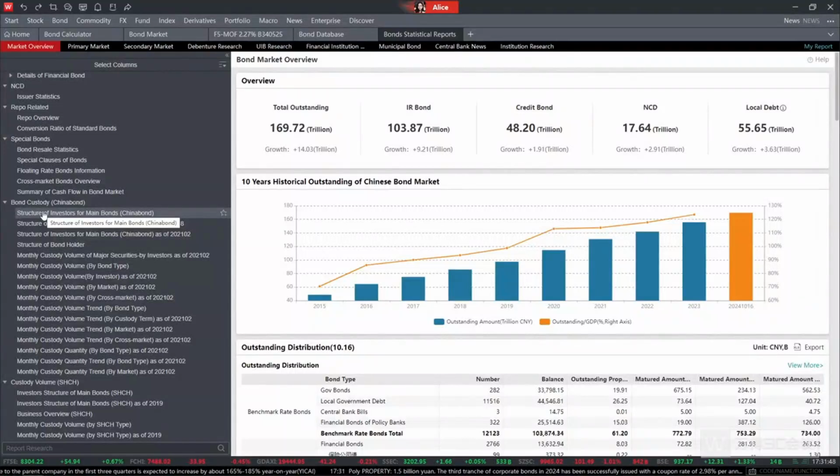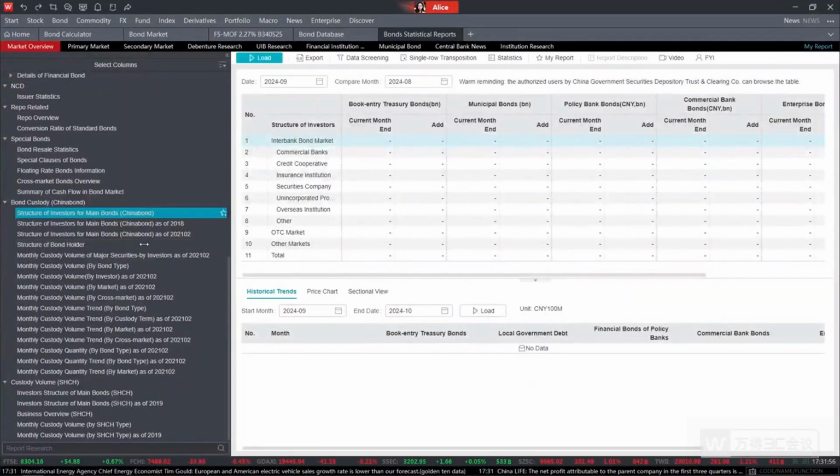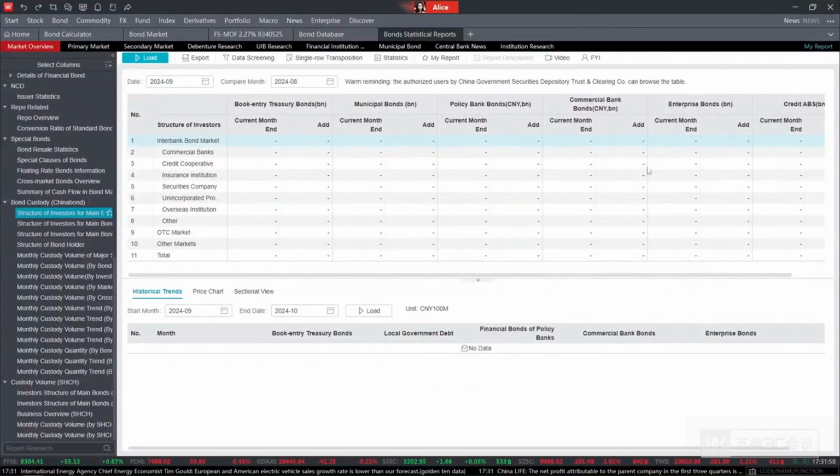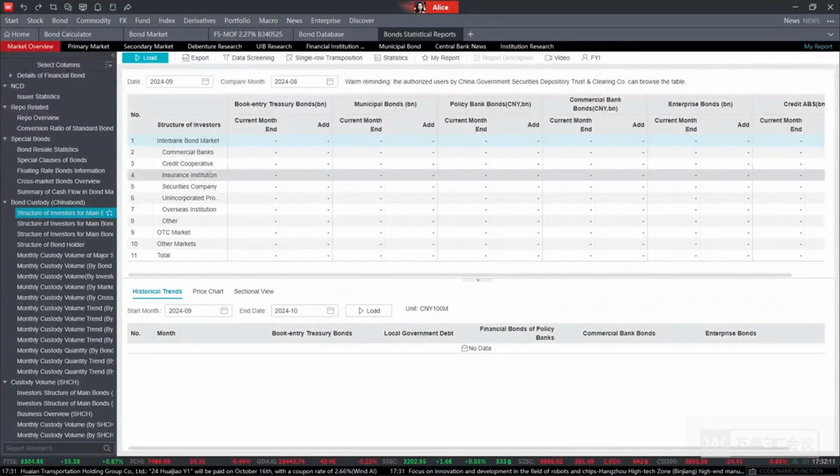For example, we can look at the investor structure for the main bonds. Once I click here, on the right-hand side we can see the different movements of the different institutional investors, like commercial banks, credit corporates or insurance institutions.